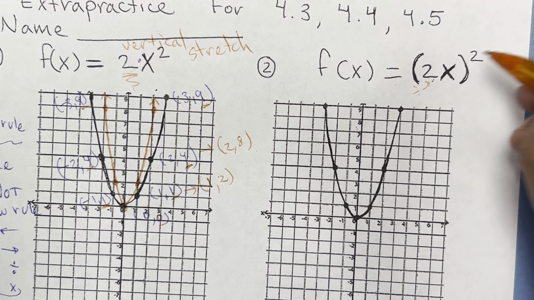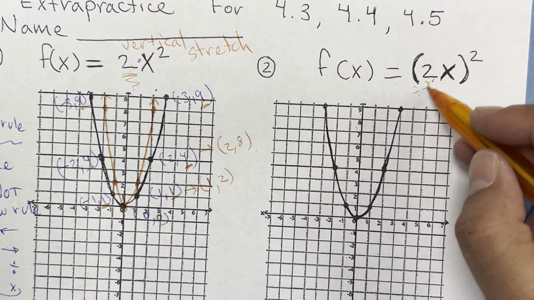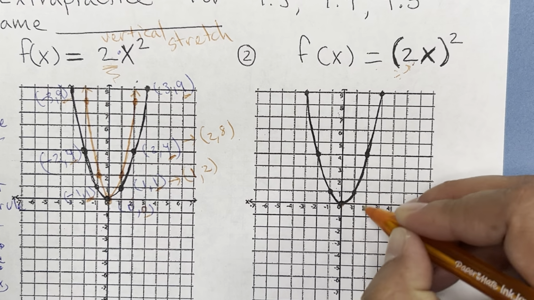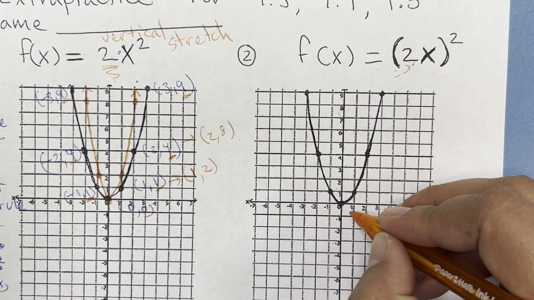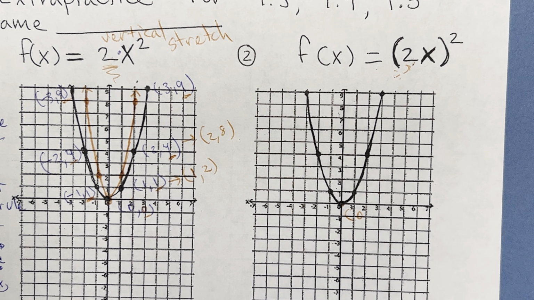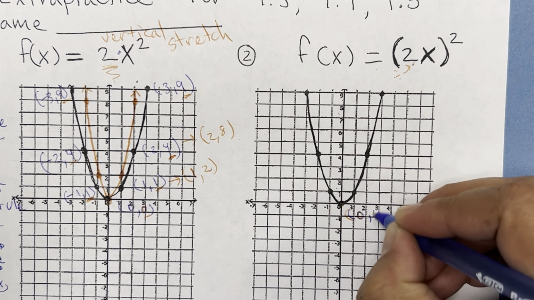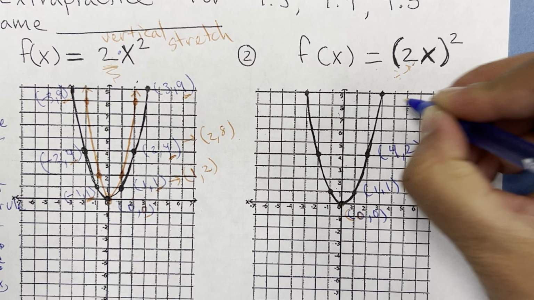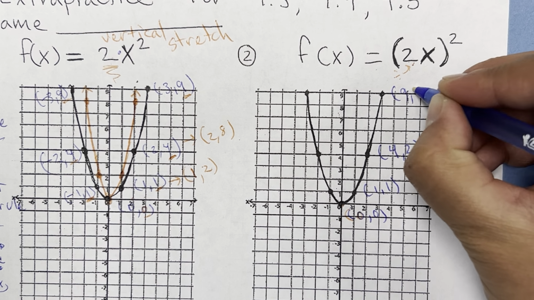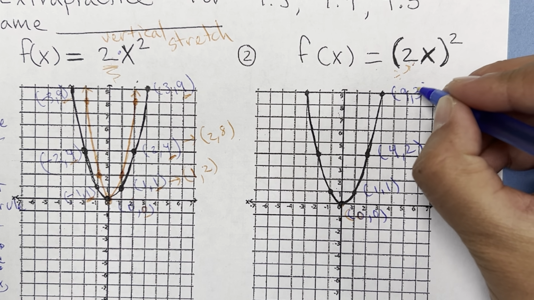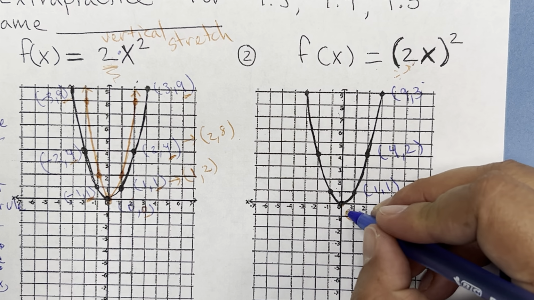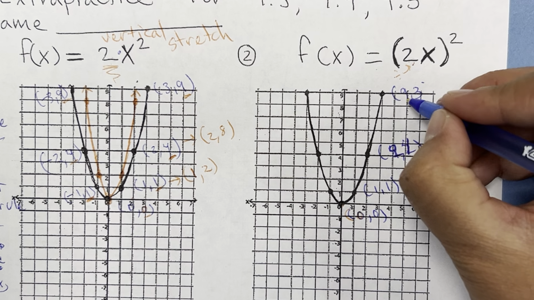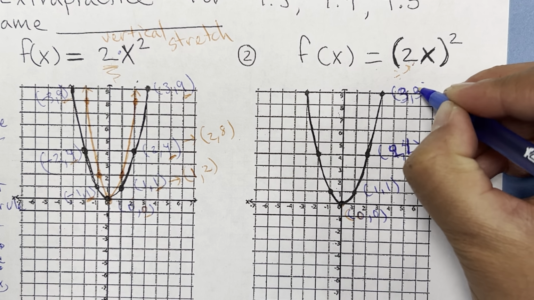We divide by 2. And the inside is always related to x, so what we're going to divide by 2 is the x values. Again, this is 0, 0, 1, 1, 2, 4, 3, 9.